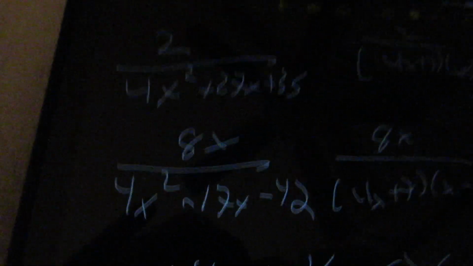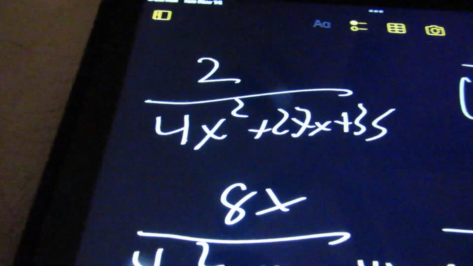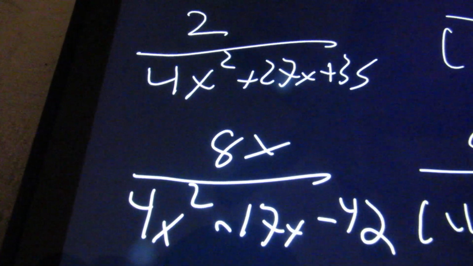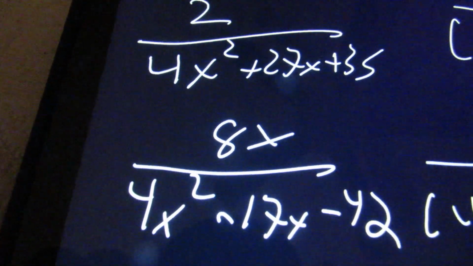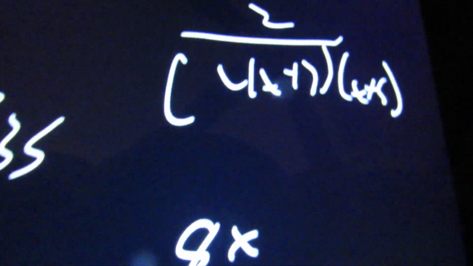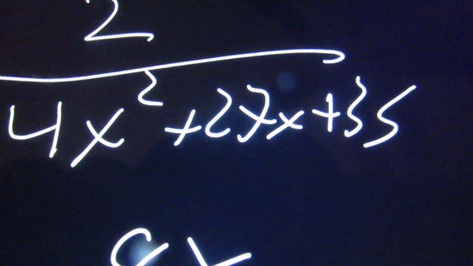So to find the least common denominator, what we have to do first is factor both denominators and see what we have. So if we factor these, the first one, what we start with is 4x squared plus 27x plus 35.